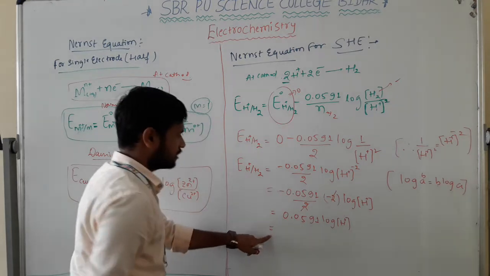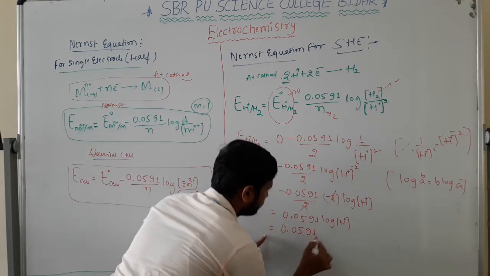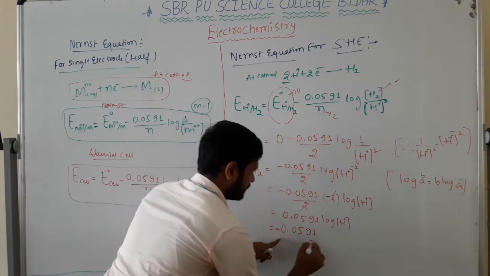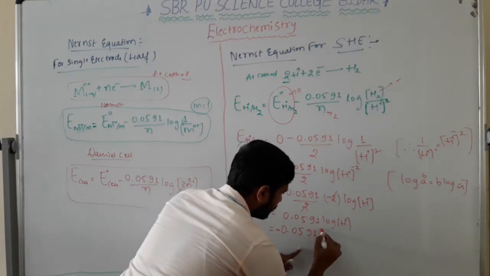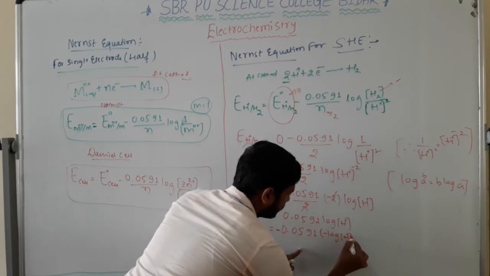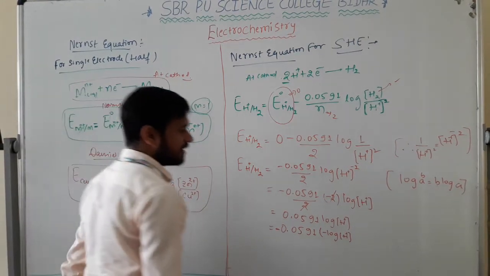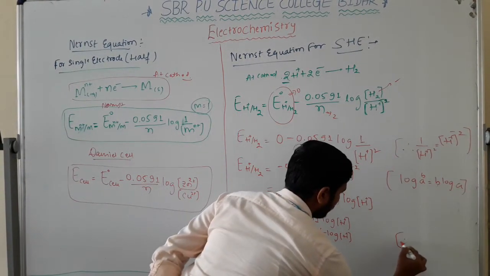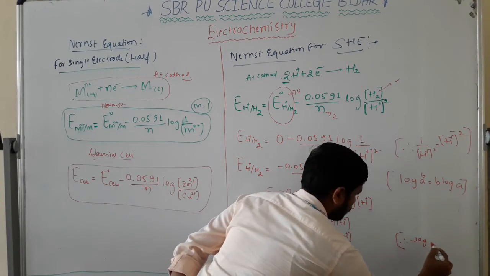I can also write this as 0.0591 times minus log of H plus. Listen carefully: in the standard, minus log H plus is the pH value. Very important.